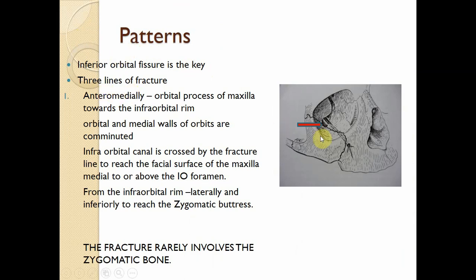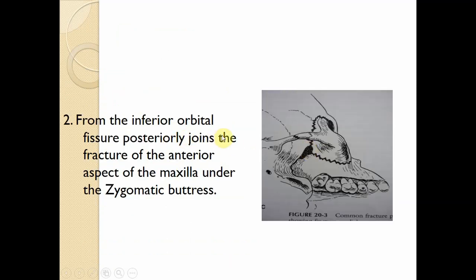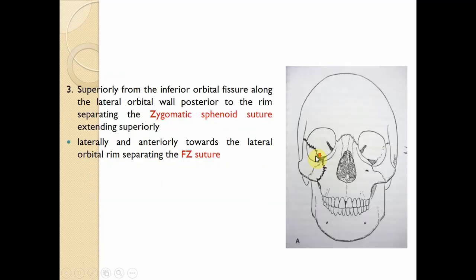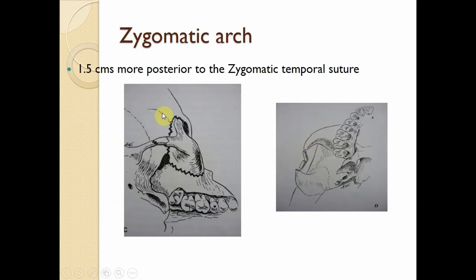There are 3 lines. First, from the anteromedial orbit, from the infraorbital rim, it goes inward, to or above the infraorbital and goes to the zygomatic buttress. Second one, the infraorbital fissure goes to the anterior aspect of the maxilla and goes to the zygomatic buttress. Third line goes to the sphenozygomatic suture, extending superiorly and laterally, and goes to the frontozygomatic suture.